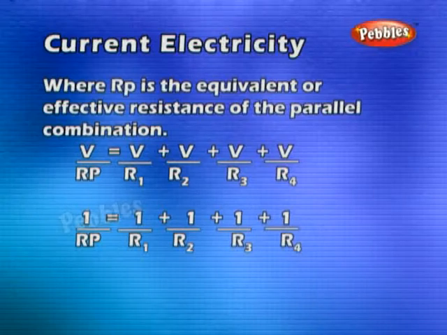Therefore, V/Rp = V/R1 + V/R2 + V/R3 + V/R4, so 1/Rp = 1/R1 + 1/R2 + 1/R3 + 1/R4.